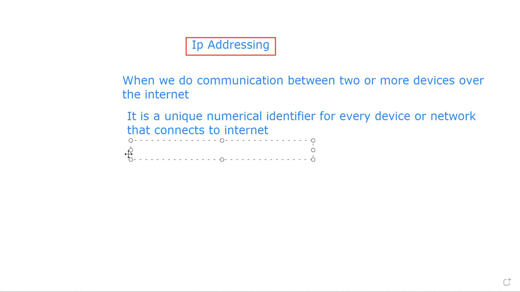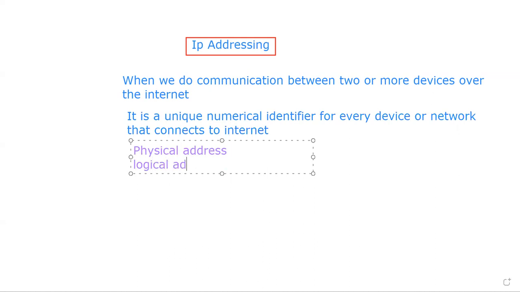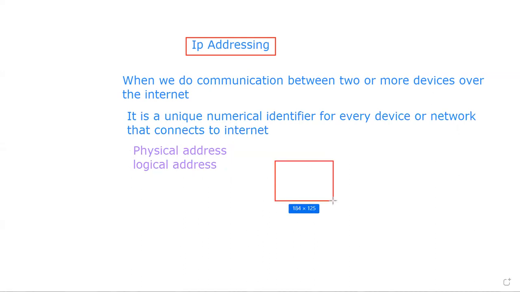We have two addresses. First is the physical address. Second is our logical address, which is known as IP address. Let me give you the example of physical address. This is our system.